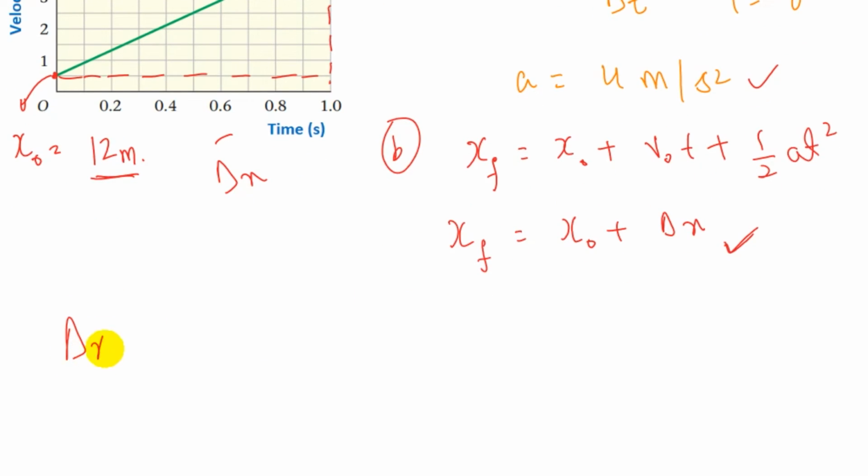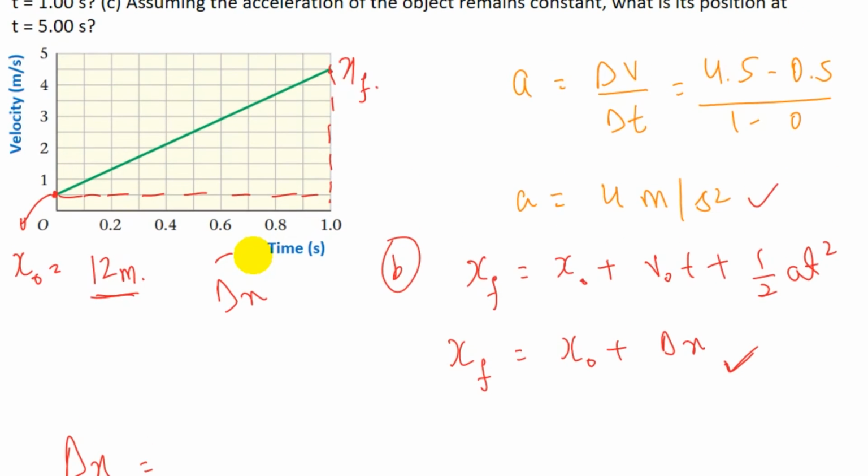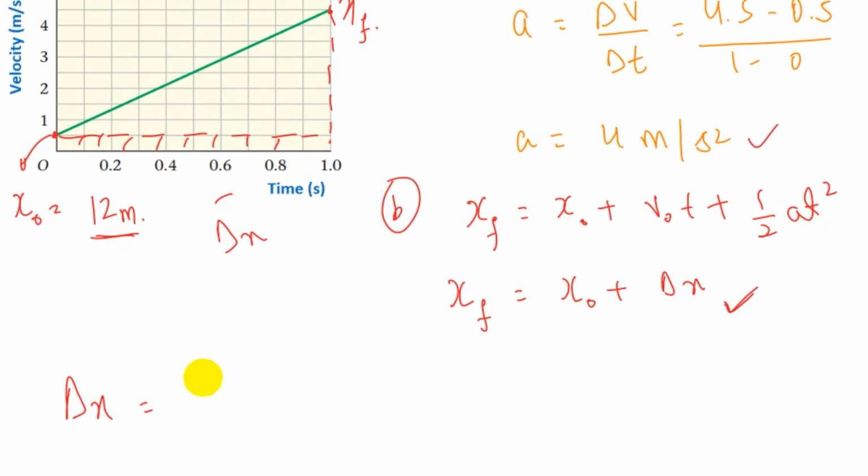So delta x will be equal to the area of the lower portion, which has length 1 and width 0.5. So 1 multiplied by 0.5, where 1 is in seconds and 0.5 is in meter per second, plus the area of the upper portion, which is a triangle, so one half base times height.